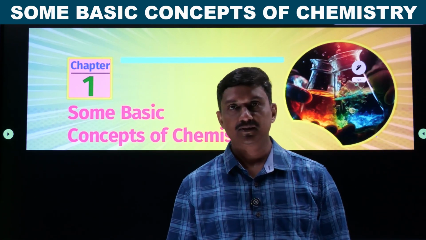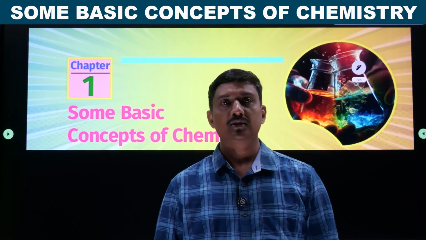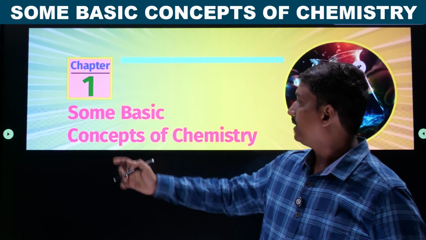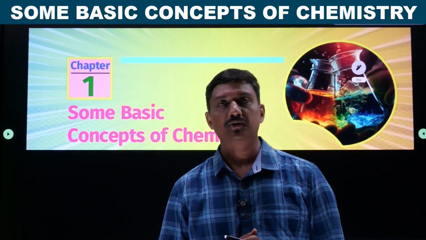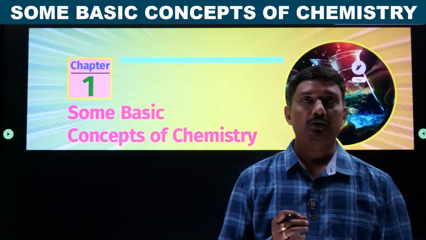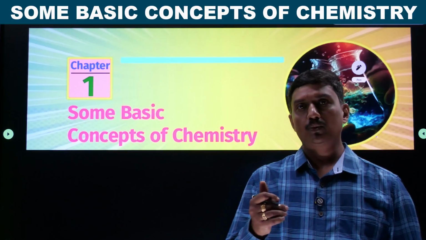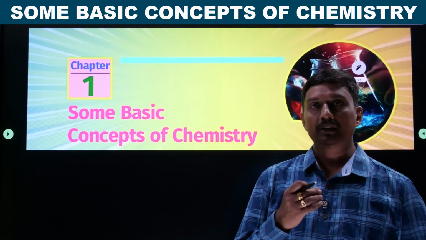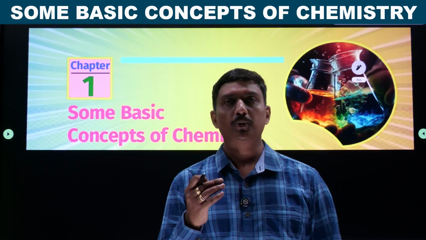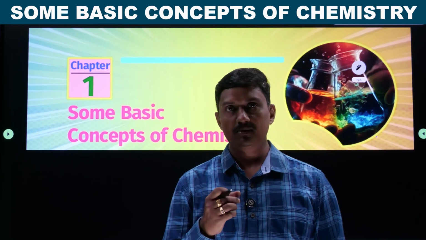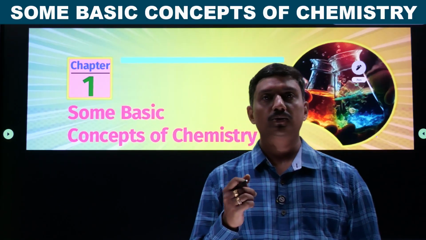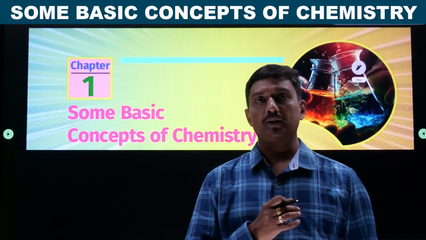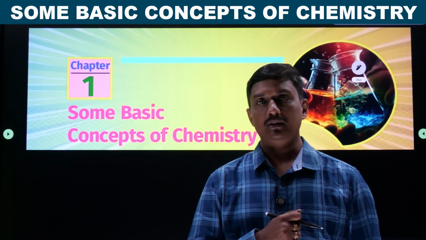Good morning, students. Today we are discussing a topic of first year, some basic concepts of chemistry. This chapter links high school to college. You have studied many things related to atoms, molecules, compounds, some of its properties in the high school level.